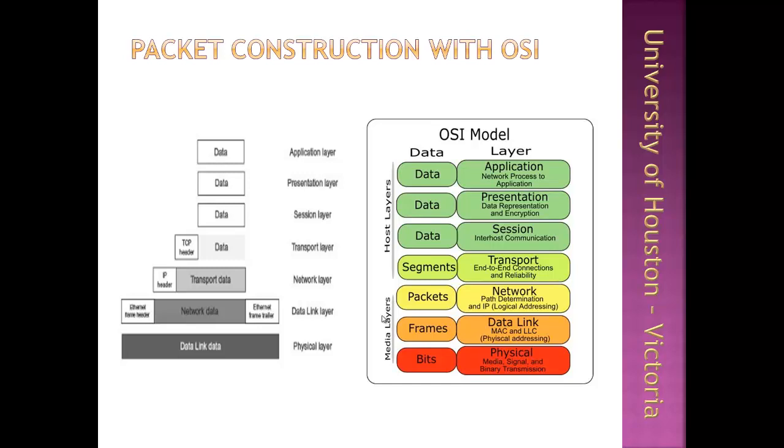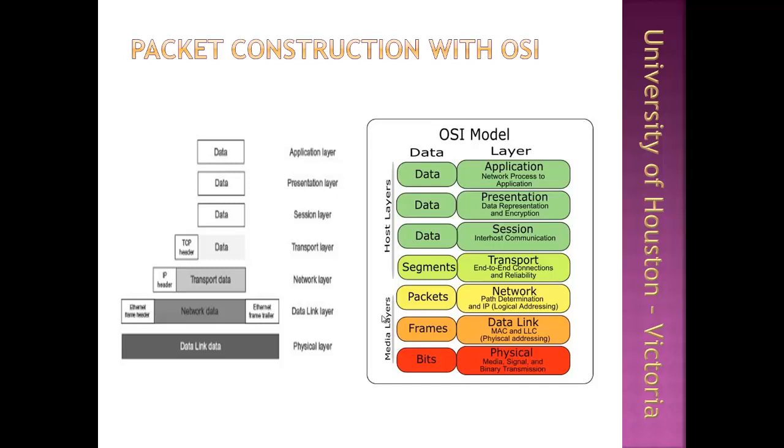Then the data is going to be sent down to the data link layer, and the data link layer creates the Ethernet frame headers and Ethernet frame trailer, which then will be passed down to the physical layer. And the physical layer basically sends and receives the 0s and 1s, or the bits and bytes, to the other ends of your communication.